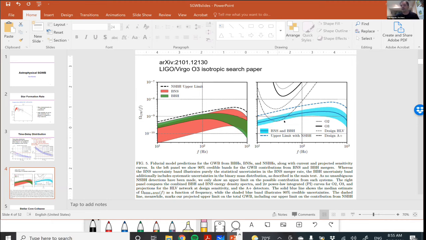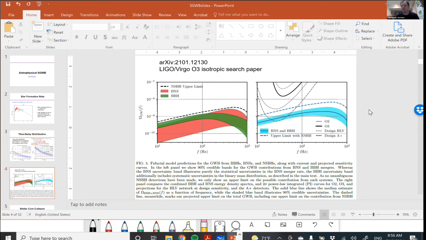If the model happens to be at the lower edge of this band, then we would be maybe at 2 sigma sensitivity. Does that answer your question? So does 3 sigma essentially also mean SNR equal to 3? Yes, exactly. Okay, fine, thanks.